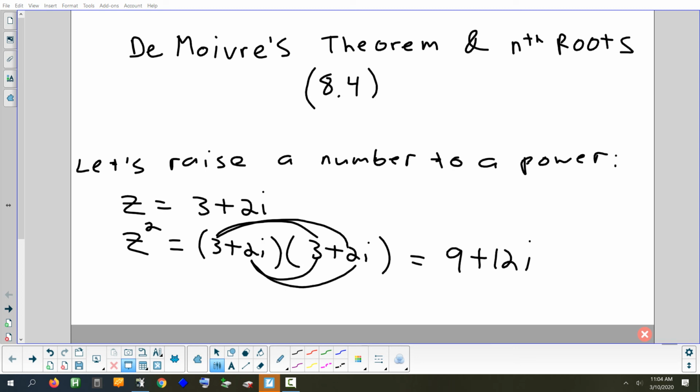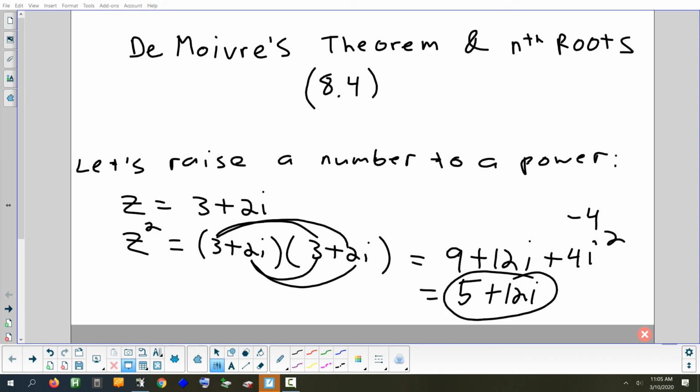Caleb, what's 2i times 2i? 4i squared. And 4i squared is really what number? That's really negative 4. What's 9 minus 4? 5 plus 12i. So that's the answer when you raise that to the second power.